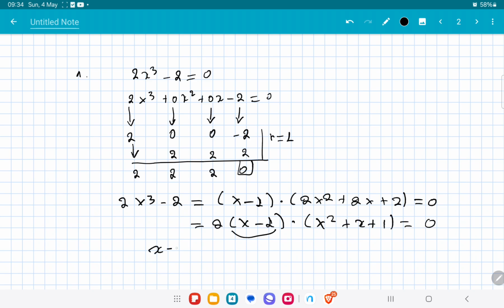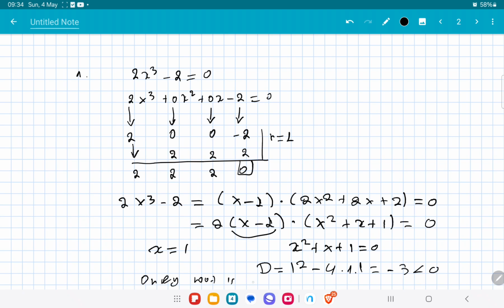From here I have x = 1. And here I have a quadratic equation, x^2 + x + 1 = 0. The discriminant b^2 - 4ac is -3. It's negative. So my only root is x = 1. And that's it.